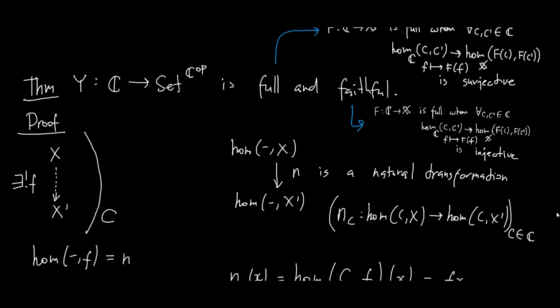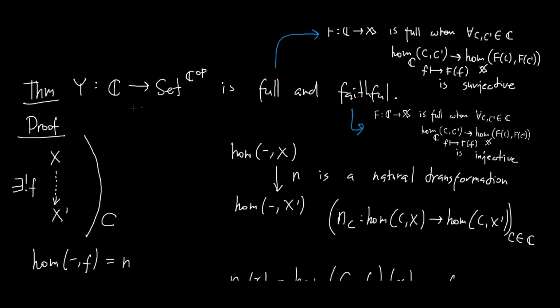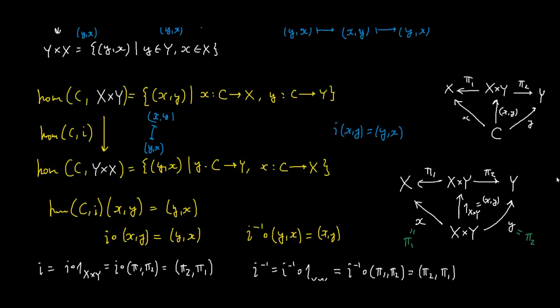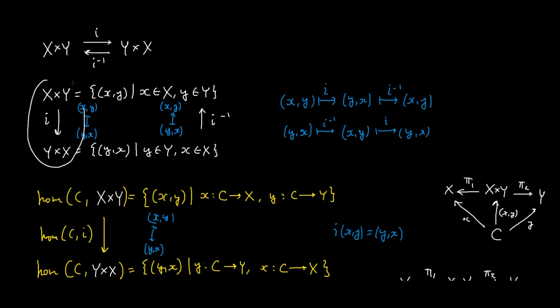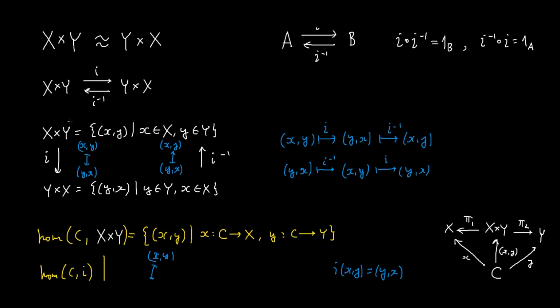So it turns out that if you have a full and faithful functor, and you've got two objects from your domain category which are mapped to two isomorphic objects, then your two objects in the domain category will also be isomorphic. And that will be a very general fact, which applied to this specific scenario would give us the isomorphism we were looking for between x cross y and y cross x, knowing that there is a bijection between the Cartesian products x cross y and y cross x.